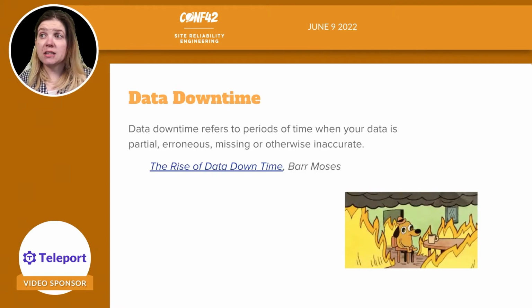Data downtime, like I said, can have various parts to it. Barr Moses, the CEO of Monte Carlo, which is a data observability platform, has long proliferated this definition where it's not just your data being unavailable, but if your data is erroneous, if it's only part of the picture, if it's inaccurate in any way, that is data downtime.